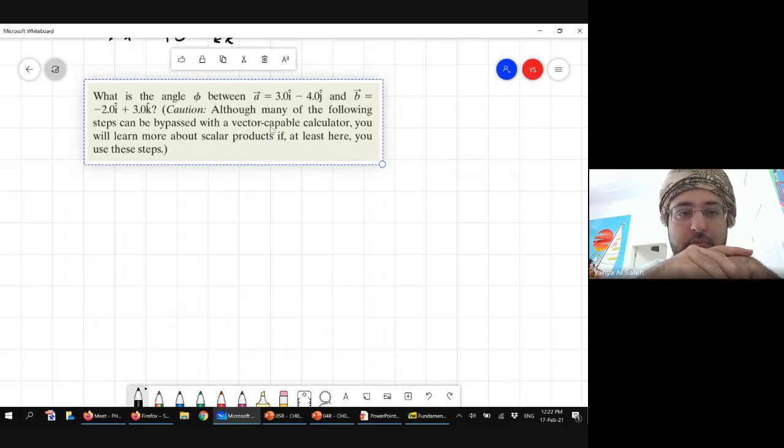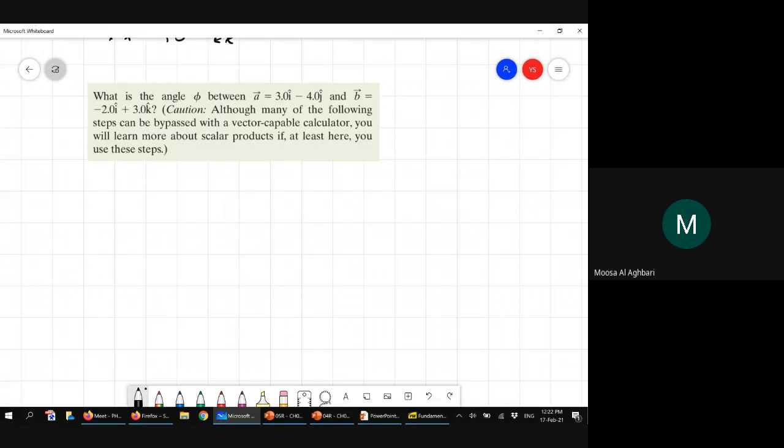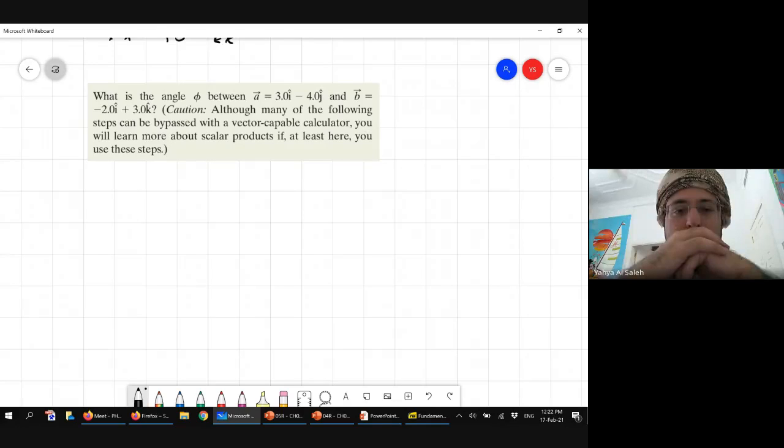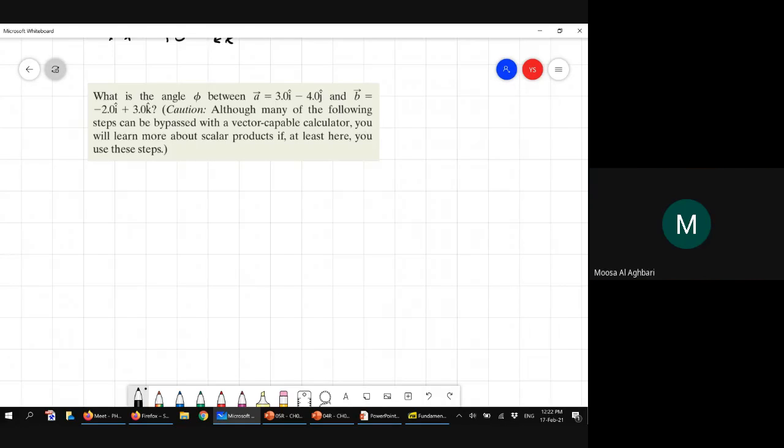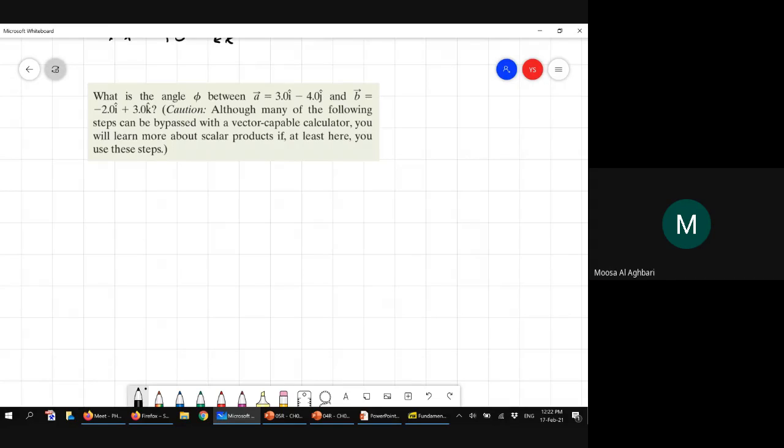How can we find the angle between two vectors? First, we find the magnitudes, and second, find A dot B, and then the inverse of the cosine of theta.